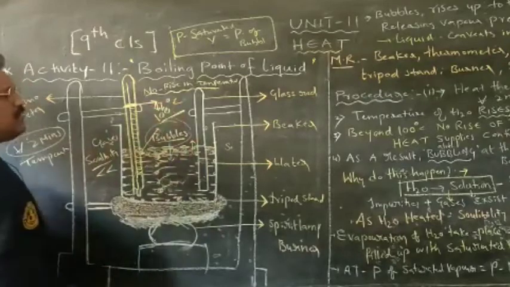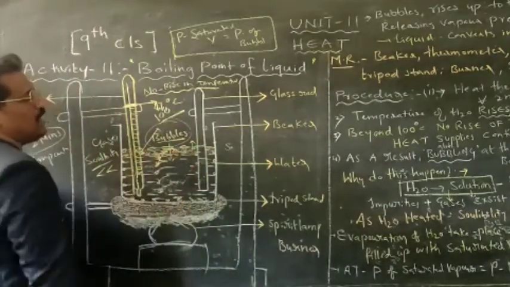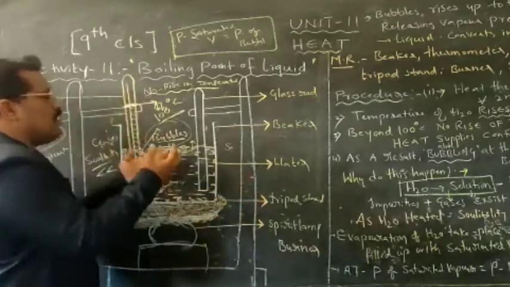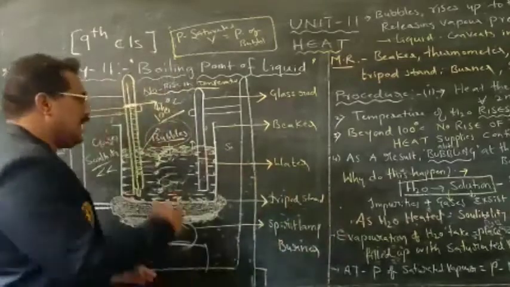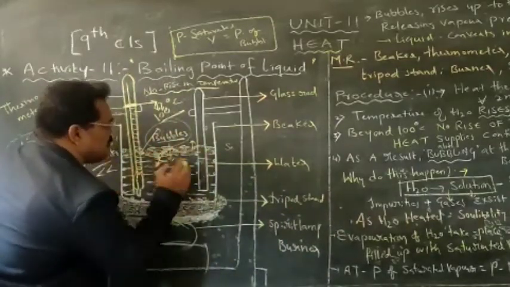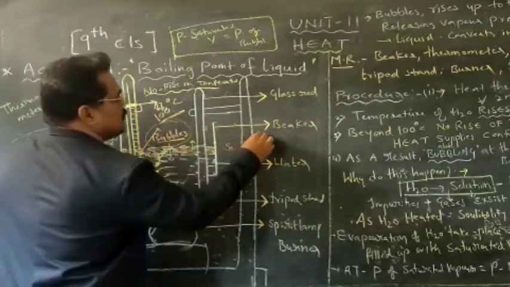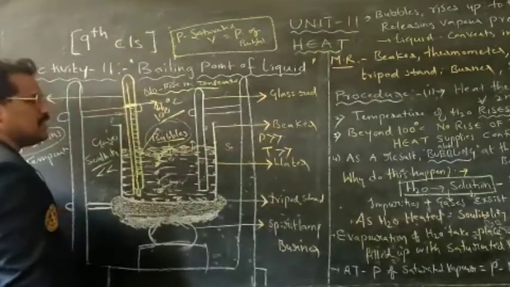The bubbles forming within the water will be filled up by saturated vapor, as the pressure as well as the temperature inside the beaker gradually increases. Pressure is increasing, and simultaneously temperature is increasing.